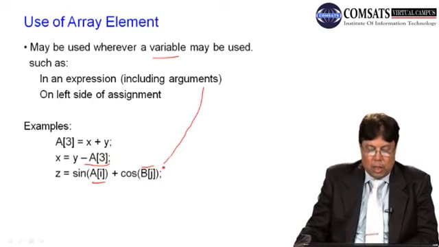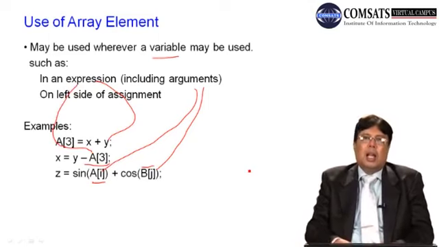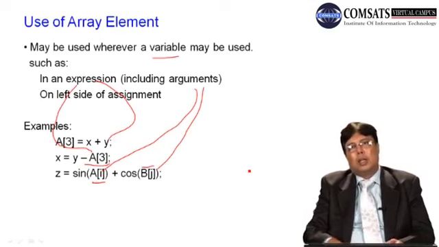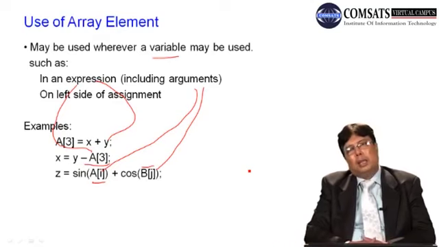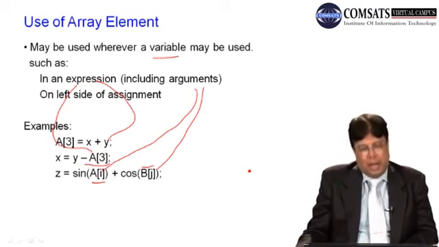So we can use it as an argument. We can just use it in the expression either here, or we can use it in the expression here. So we can use it anywhere where a variable fits in. जहाँ जहाँ वेरिएबल आप यूज कर सकते हैं वहाँ पर आप अरे का एलिमेंट यूज कर सकते हैं, क्योंकि अरे का एलिमेंट भी प्रैक्टिकली सर्व जस्ट लाइक अ वेरिएबल.